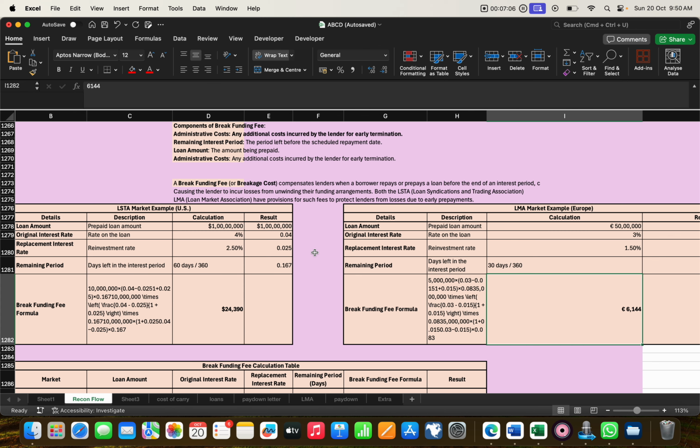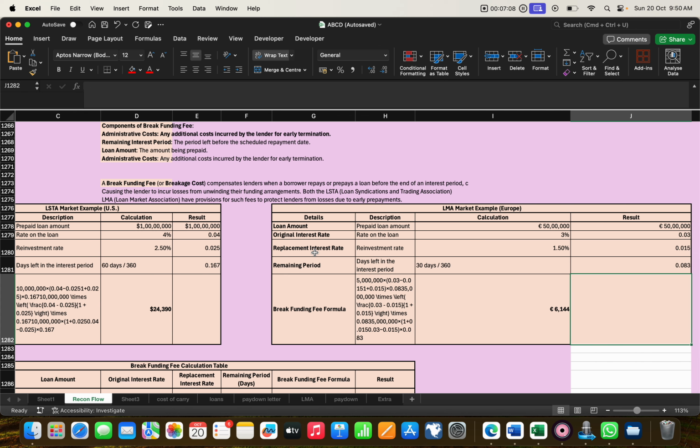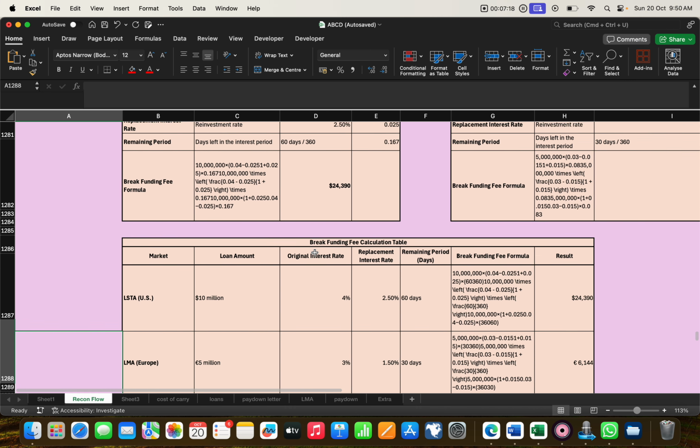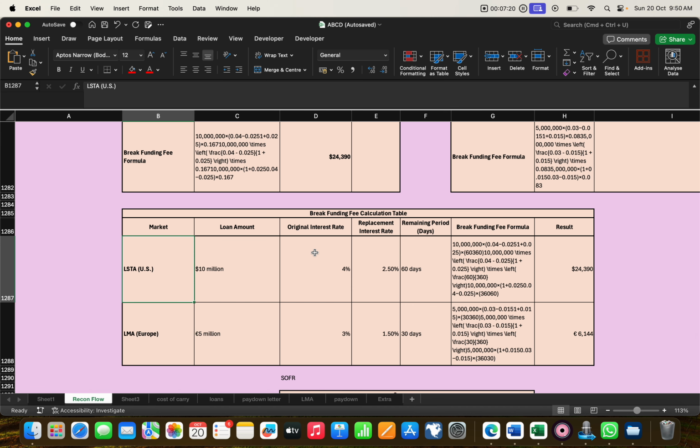The same formula we have used for the LSTA market, meaning the US market, and then we came to know the amount that we have to bear. So here I came with a summary as well, for the LSTA market and the LMA market also. You can note this formula when you give an interview or when you calculate in your organization.